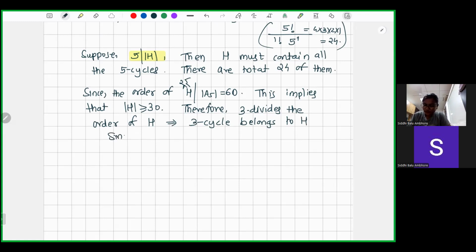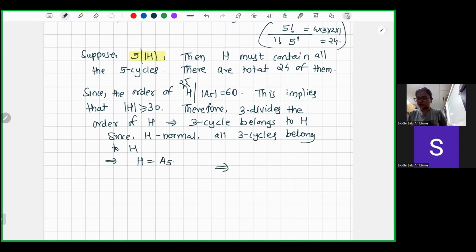Since H is normal, all 3-cycles belong to H. This implies that H is the entire A5. And again a contradiction, because H was a non-trivial normal subgroup, which is what we started with.